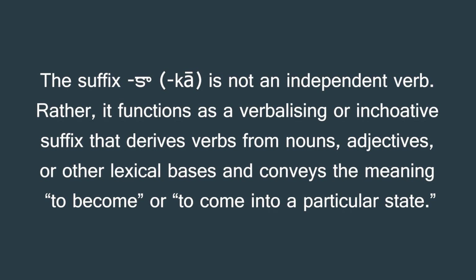Rather, it functions as a verbalizing or inchoative suffix that derives verb forms from nouns, adjectives, or other lexical bases and conveys the meaning to become or to come into a particular state. It is closely related to the verbal base avu.